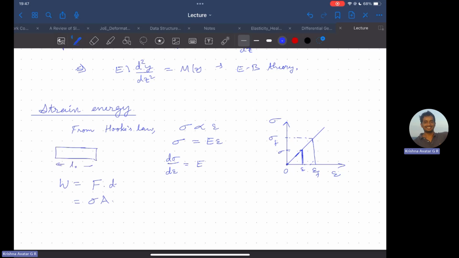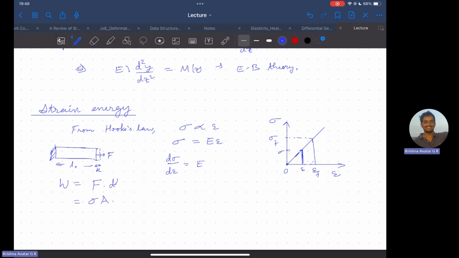So this was L naught of some body we're stretching with F, maybe let's keep it fixed at one side. Let's stretch it. And as we're stretching, this gets slightly elongated, right? So this is like dl, right?